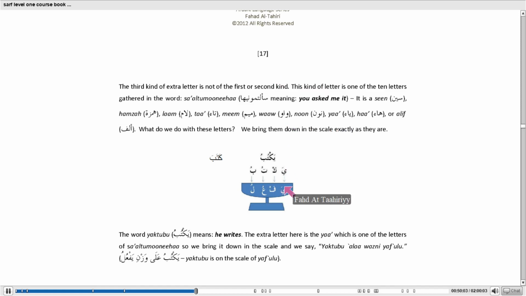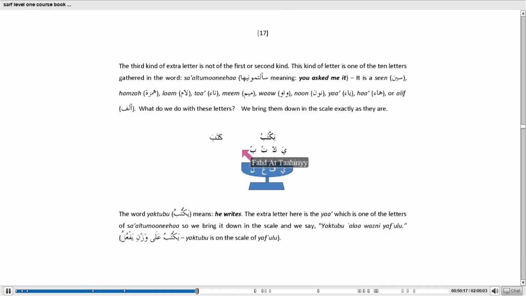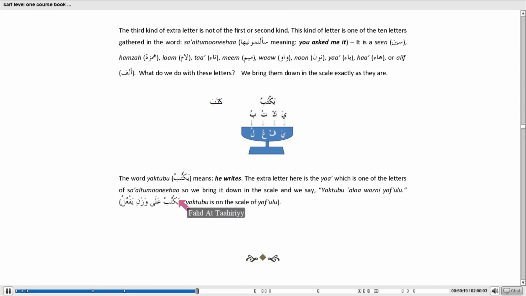Yes, it could, Bilal. But not in this form. Okay? So here, just put it down. So you're going to say yaktubu, yaktubu ala wazni yaf'ulu.